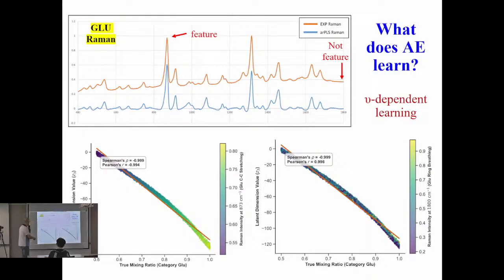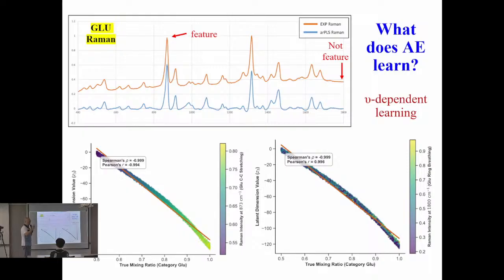When you have a higher glutamic acid percentage, you should expect higher intensity at 573. This is on the reduced dimension. So it clearly shows the AI model already identified 573 as something you should look at, and it gives you very good proportionality on the reduced dimension. So that's what this plot is teaching us, okay?